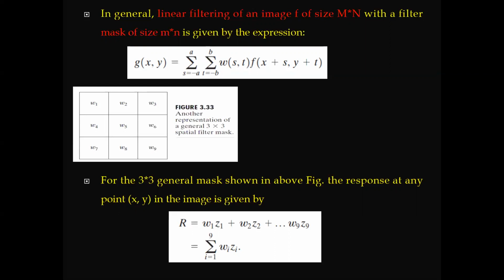So for a 3 by 3 general mask, as shown in the figure, the response at any point x comma y in the image is given by R equals W1Z1 plus W2Z2 plus W3Z3 plus W4Z4 plus W5Z5 plus W6Z6 plus W7Z7 plus W8Z8 plus W9Z9. That means we can write the response of the filter as summation i equals 1 to 9 of WiZi.